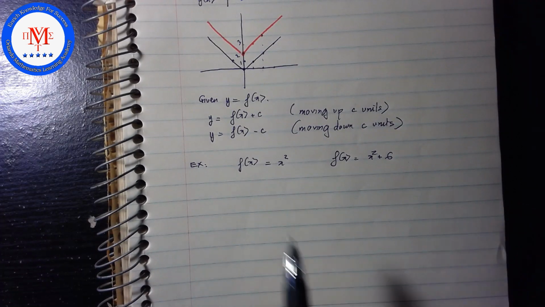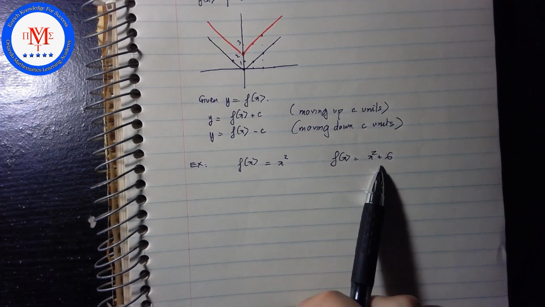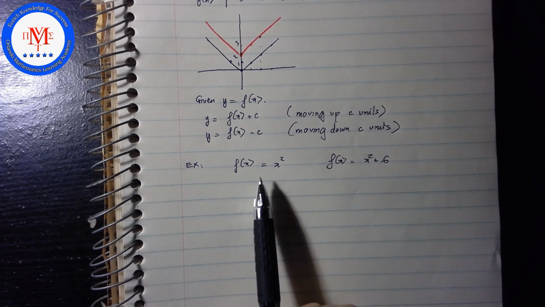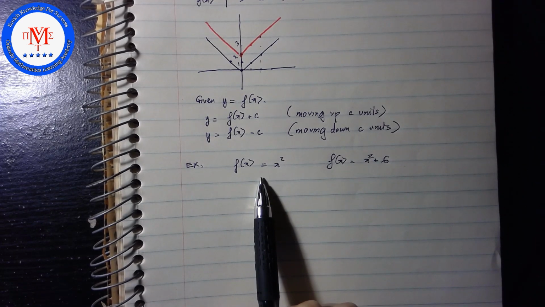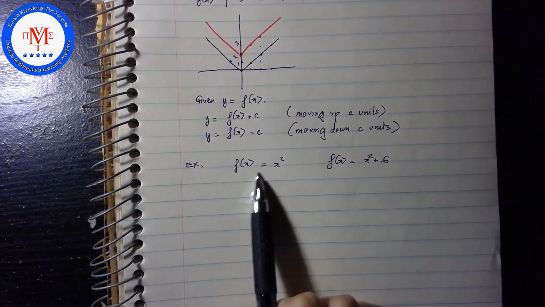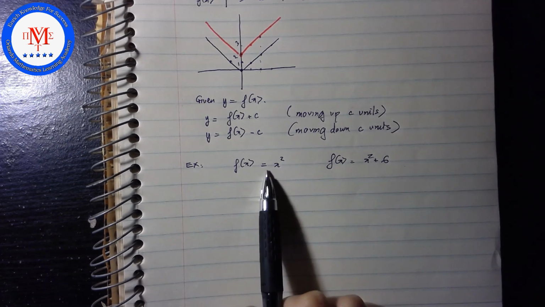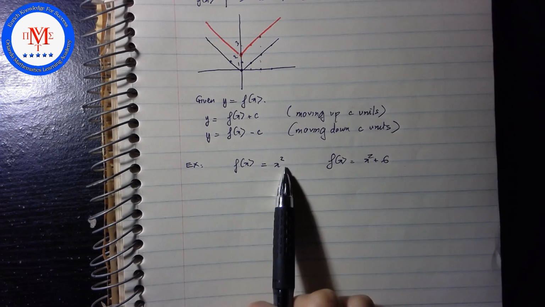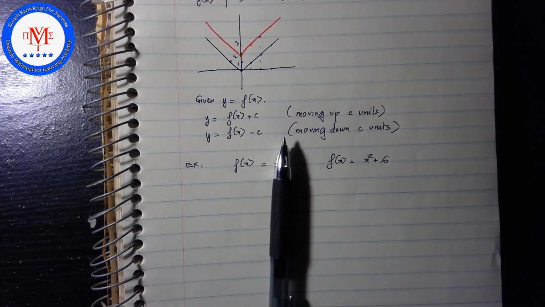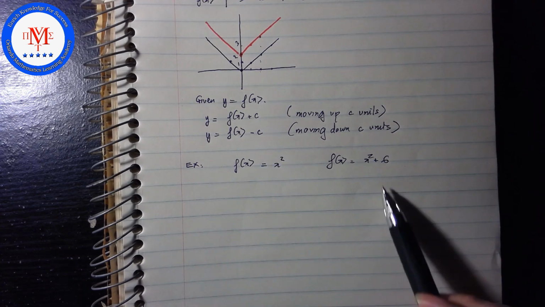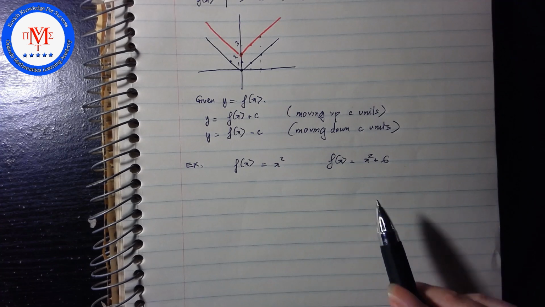The graph of this function can be obtained by moving the graph of f(x) equal to x squared 6 units up. So you can graph the function f(x) equal to x squared and then move it up 6 units.